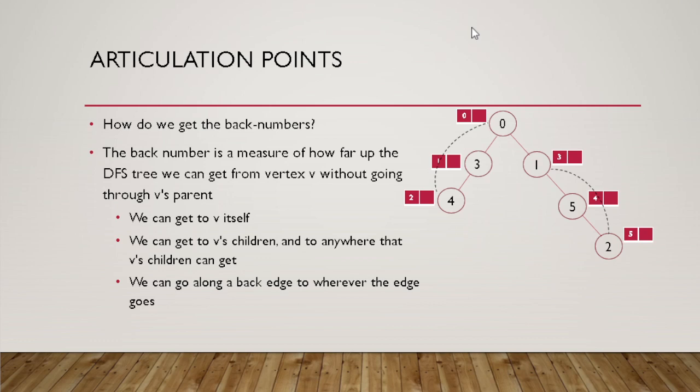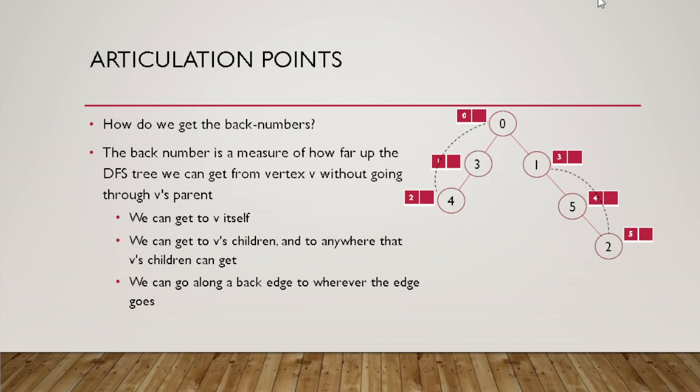Then from any vertex, we can get to its children without going through our parent, right? Like if we were at 5, we can get to 2 without going through 1, because we can go down the tree. Okay, and that means we can get to anywhere that the children can get as well. So we can get to V's children, and we can get to anywhere that V's children can get.